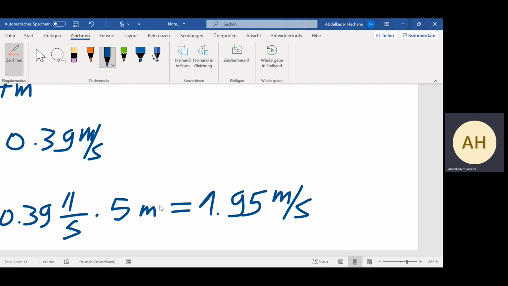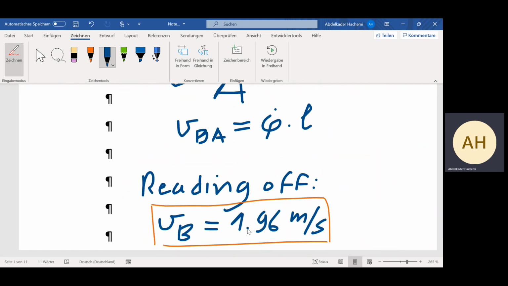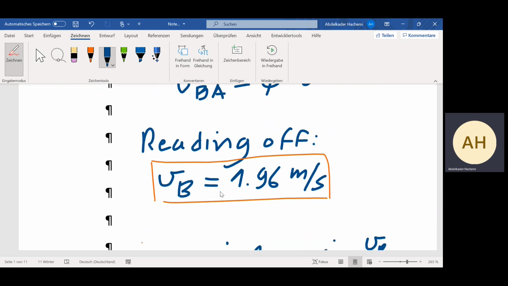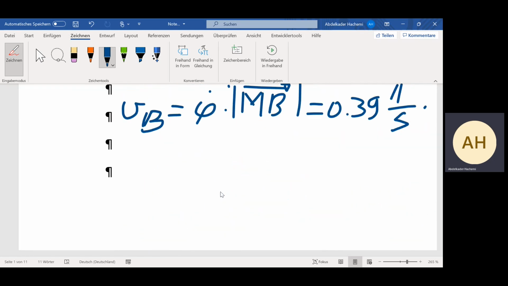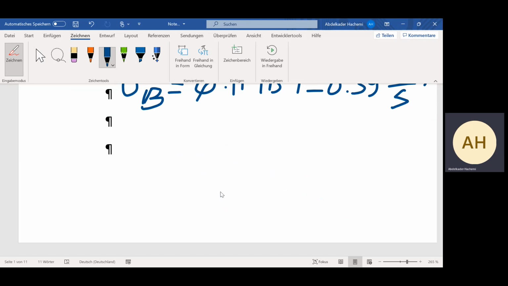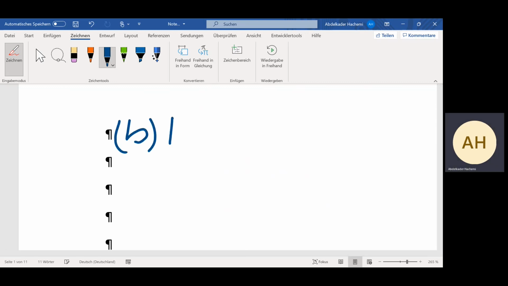This is the value of VB, and 1.95 is equivalent to this 1.96. As I said, graphically it's not the exact value. The exact value can be given only by calculation. Now, coming to the same problem, we could do it by calculation.